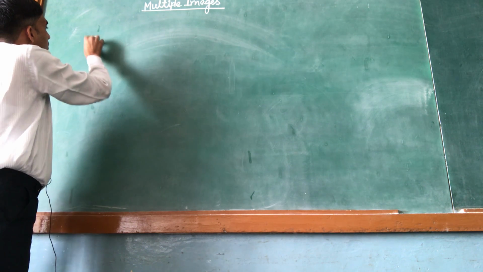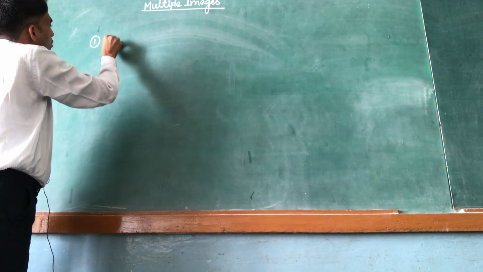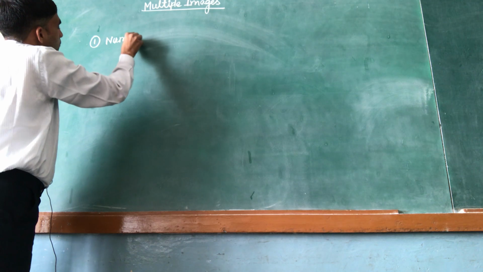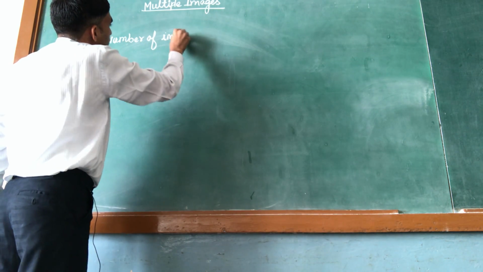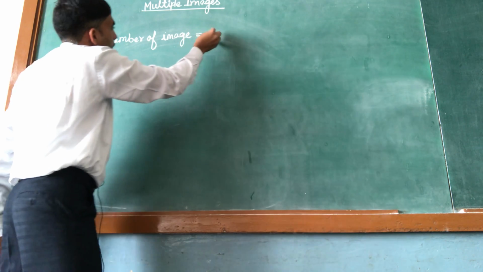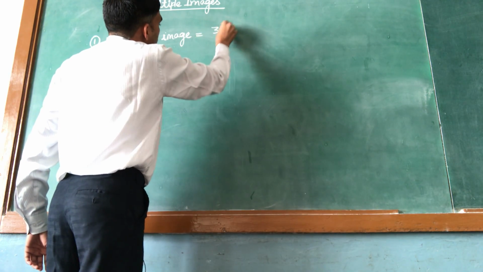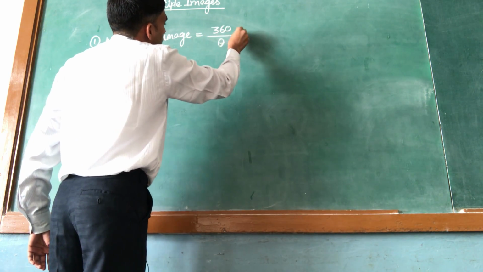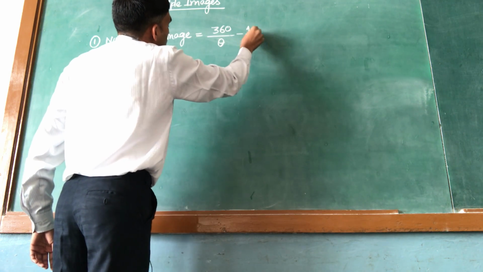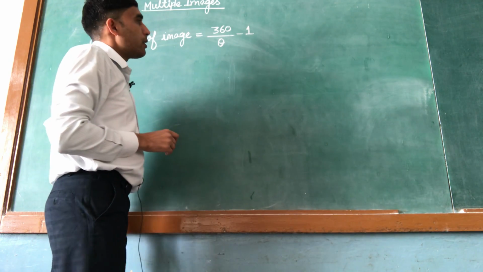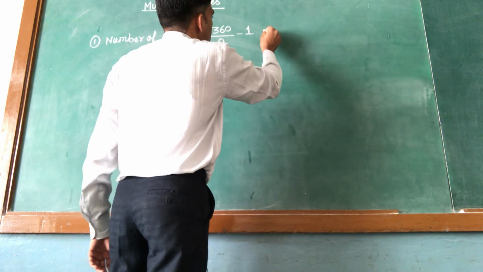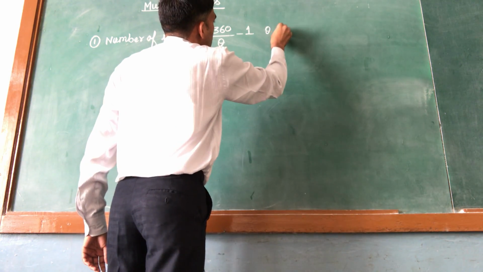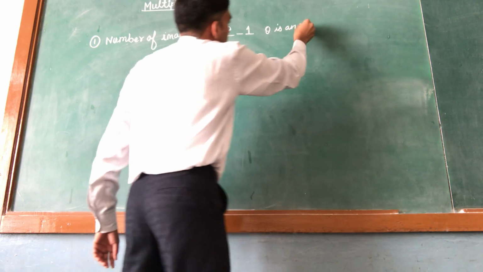Number one, the number of images is equal to 360 upon theta minus 1. This formula is applicable when theta is an even number.